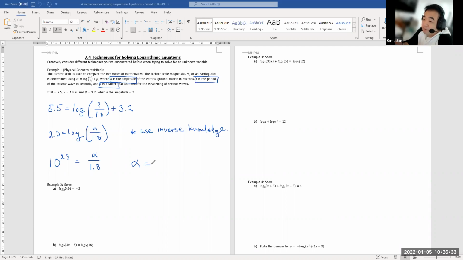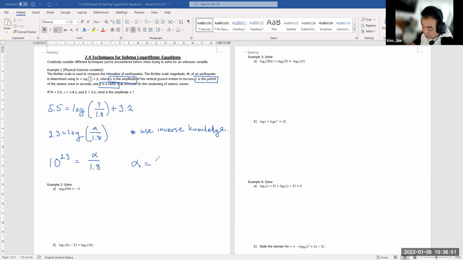Throw 10 to the power of 2.3 and then multiply the answer by 1.8. If I can figure out my calculator, 10 to the power of 2.3 times 1.8.